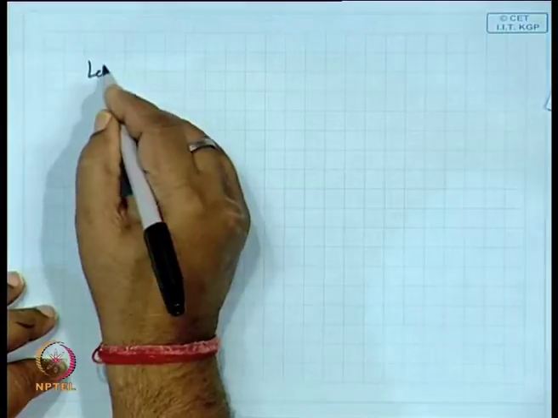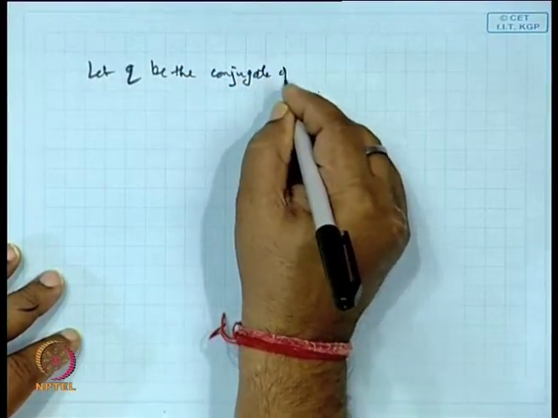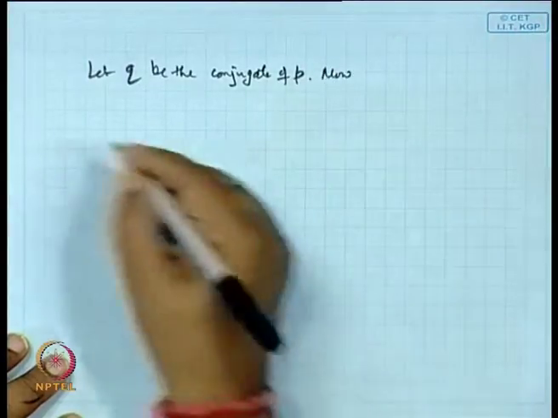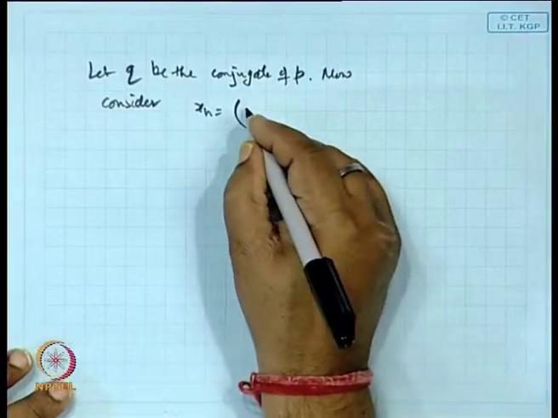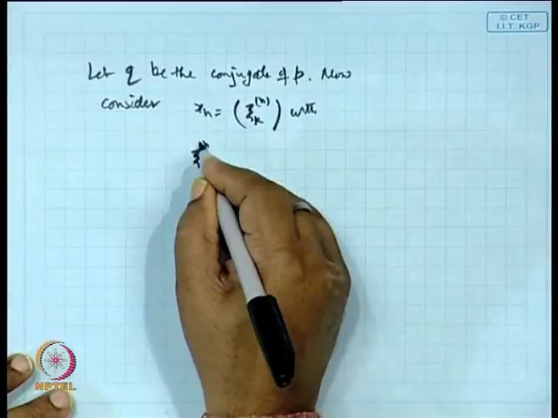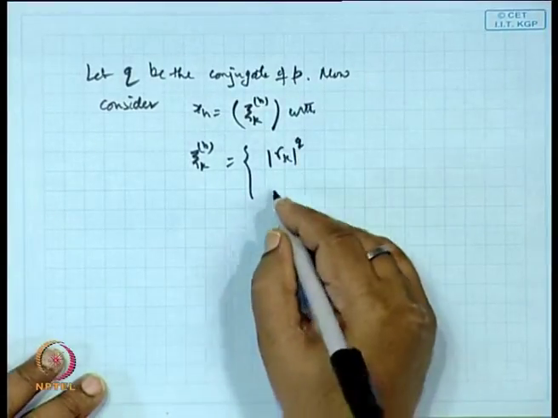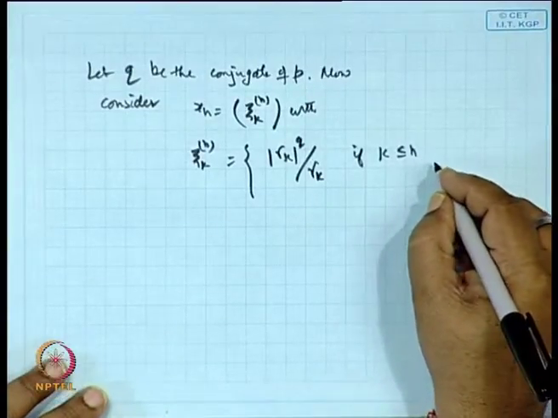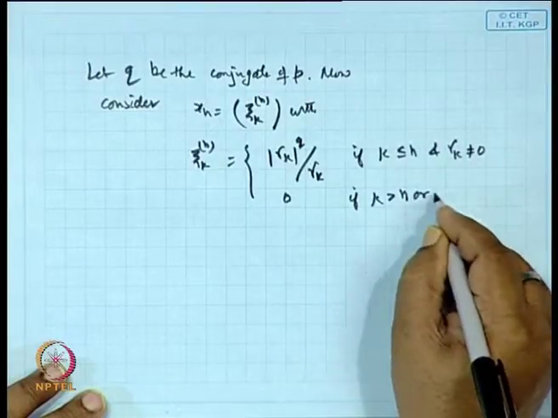Let q be the conjugate of p, and now consider the sequence x n as xi k n, with xi k n equal to mod gamma k power q divided by gamma k if k is less than or equal to n and gamma k is not 0, otherwise you put it 0 when gamma k is 0.